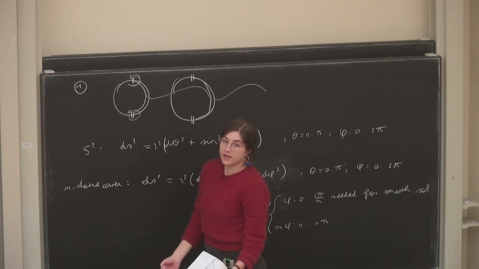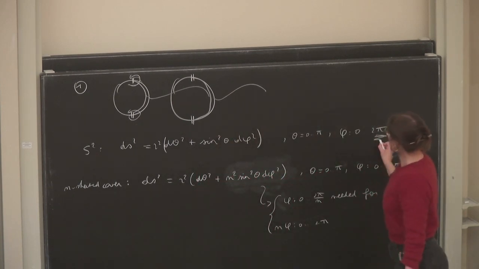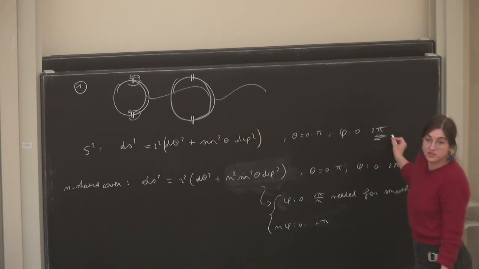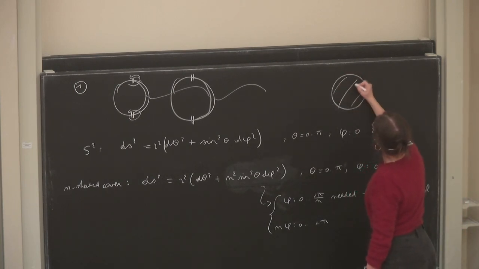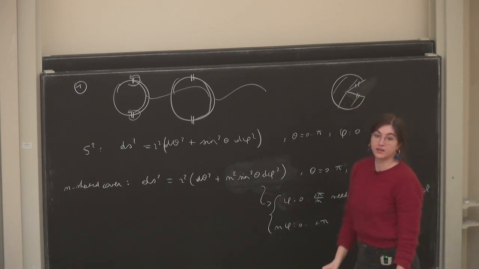So any identification that is not 2 pi will not be smooth. That's just this argument for the plane, and you cut out some part and identify these things.